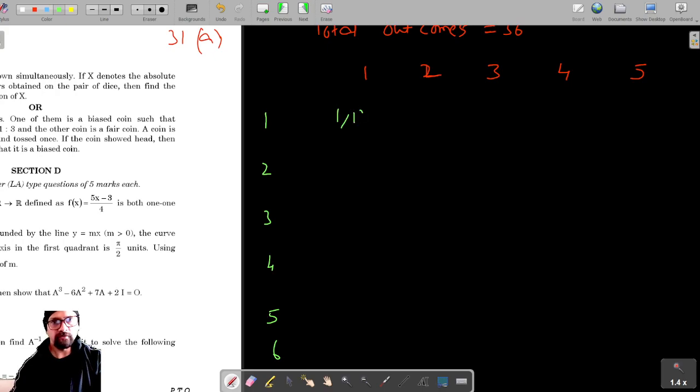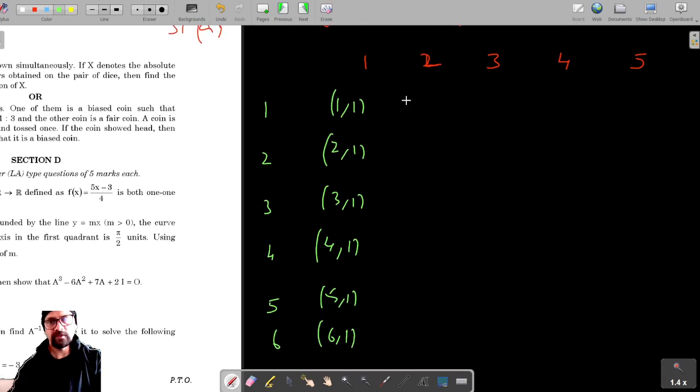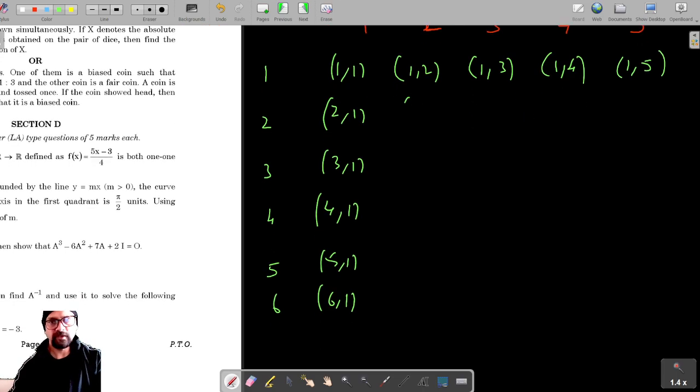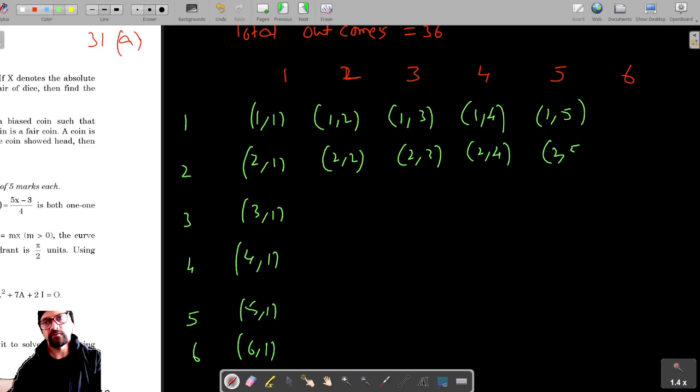So our possible outcomes will be 1,1; 2,1; 3,1; 4,1; 5,1; 6,1. This is 1,2; 1,3; 1,4; and 1,5. And this is 2,2; 2,3; 2,4; 2,5; and 2,6.